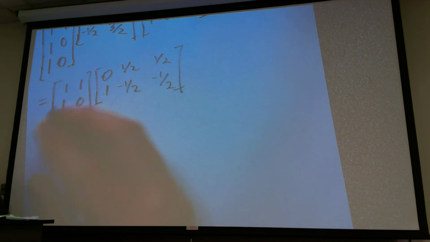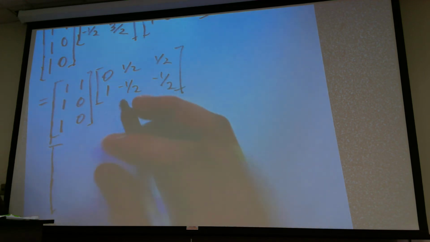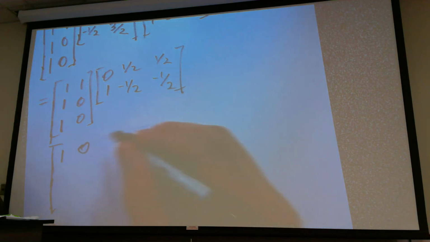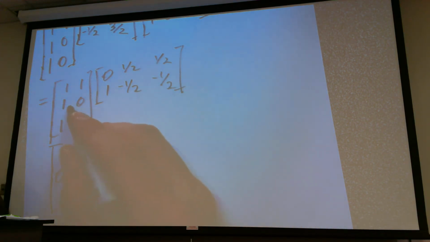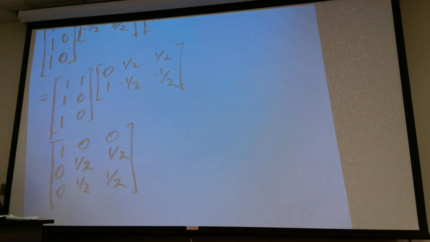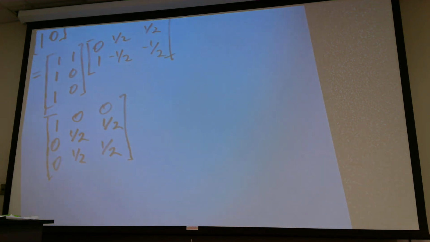Okay, so 1, 1 acting upon 0, 1, that's just going to pick up a 1 half, negative 1 half, that's a 0, that's a 0. 1, 0, that would be a 0. 1, 0 acting upon that would be 1 half, 1 half. And that would turn out to be a 0, and that would be 1 half, and 1 half. Okay. So, that's our projection matrix.